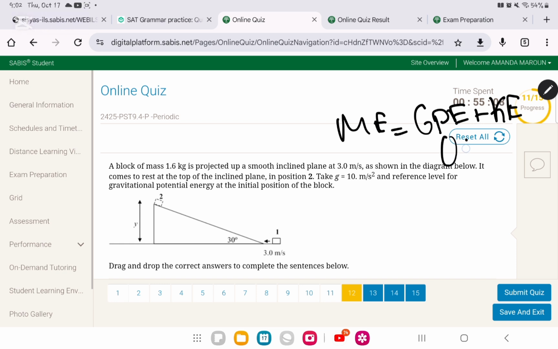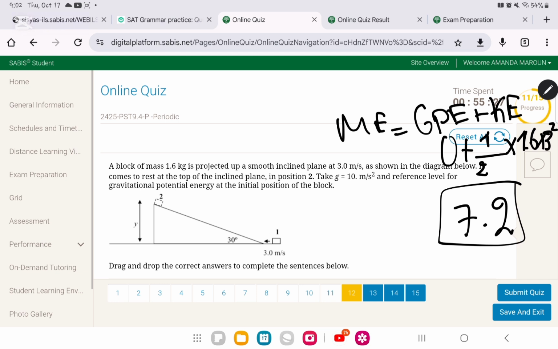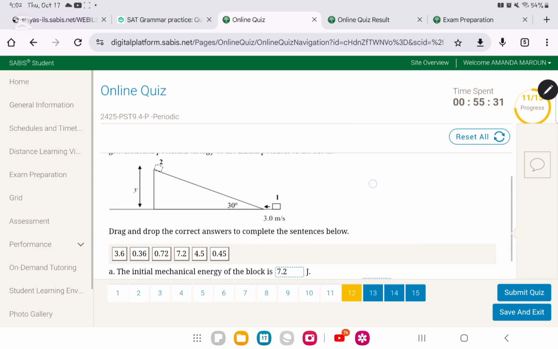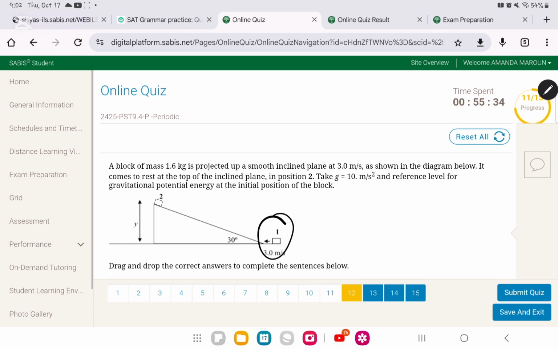Here the gravitational potential energy is 0, and the kinetic energy is 1 over 2 times the mass, 1.6, times the velocity squared. So if we do it on our calculator, we are going to get 7.2. So the initial mechanical energy of the block is 7.2 joules.